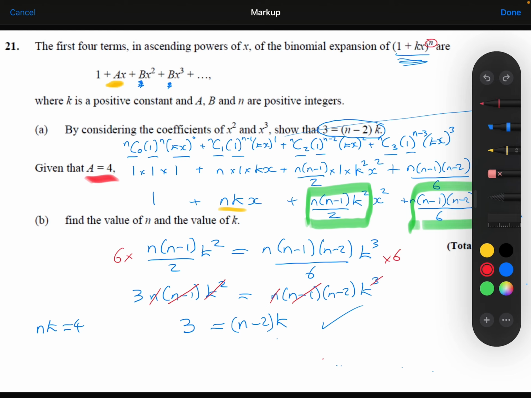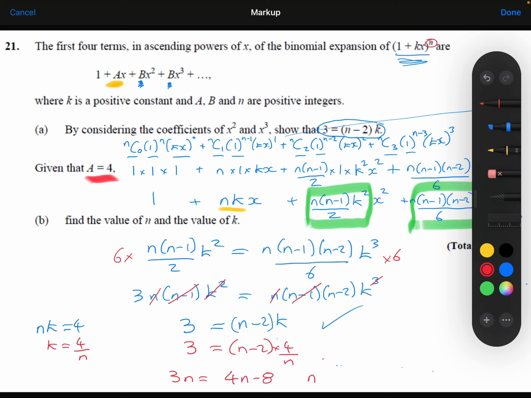So let me rearrange here to make k the subject. I'm going to say that k is equal to 4 over n, and substitute that into this second equation. I'm going to multiply both sides by n, and expand those brackets.